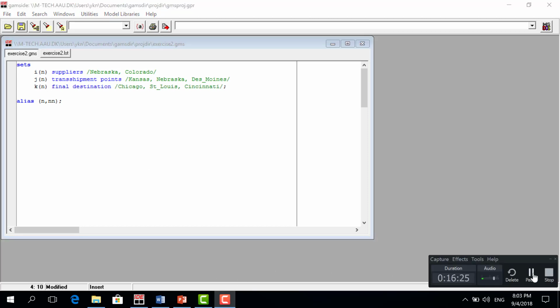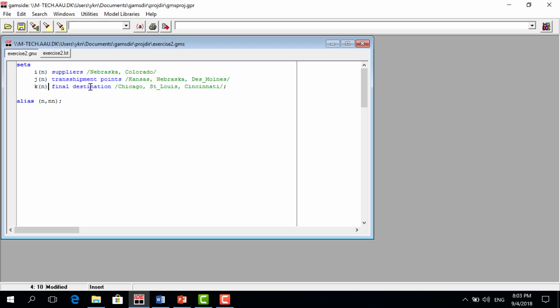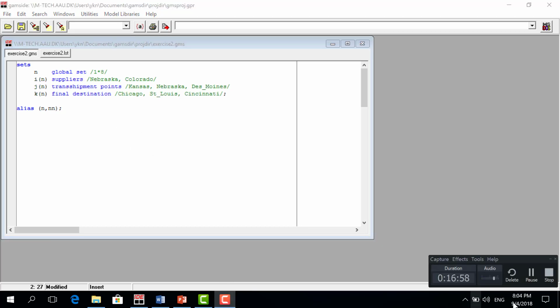Okay, and because we have n here, therefore we need to put here n set. It is called global set, where it takes values from 1 till 8. I think this is the right way.